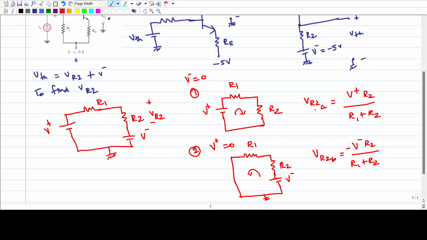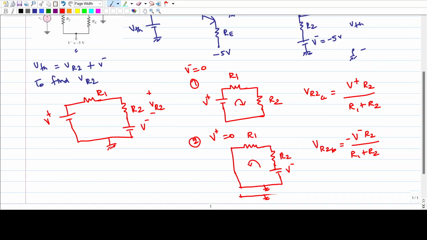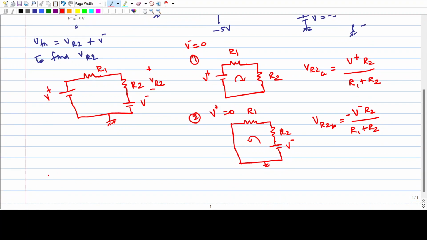Now the total voltage across this resistor R2 is the summation: VR2 equal to VR2A plus VR2B. If you take this common, that is equal to R2 divided by R1 plus R2 times V plus minus V minus.